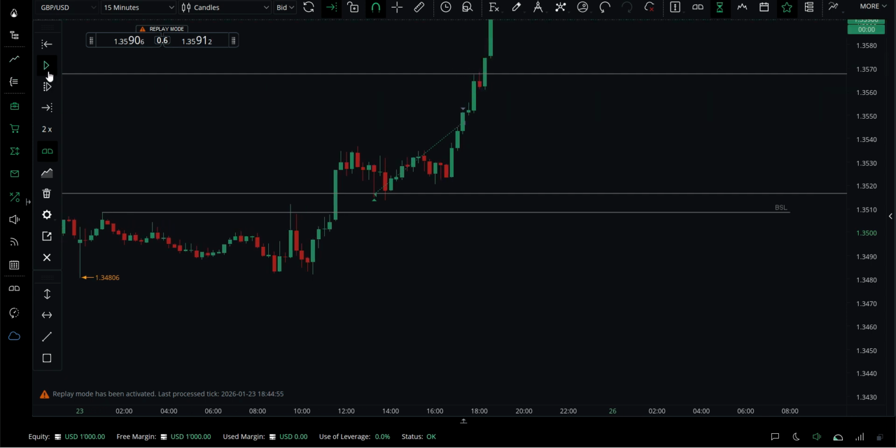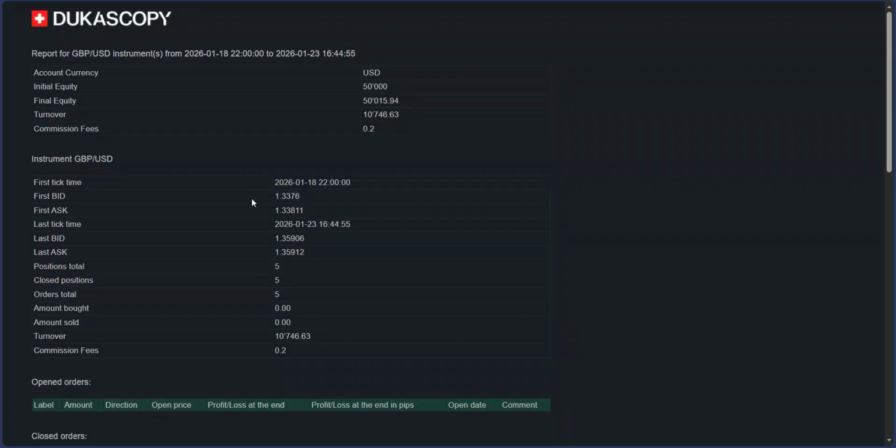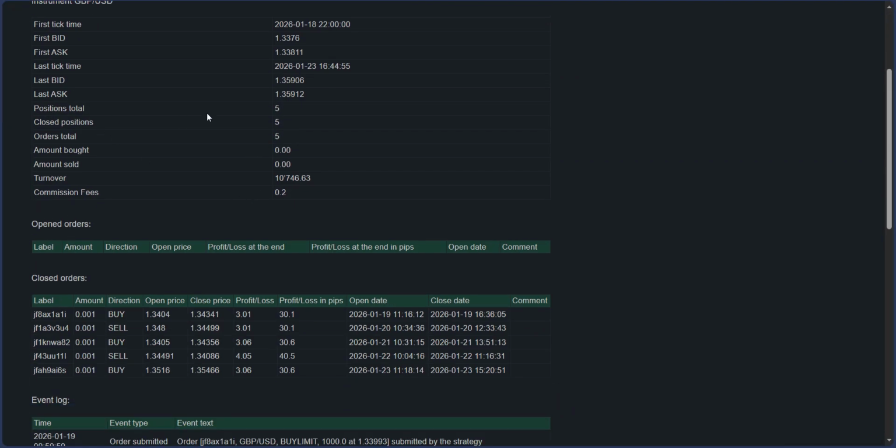And our take profits level has been hit. Let's take a look at the replay of the trade report. There were 5 positions in total. 5 positions were closed. We made 5 orders in total.